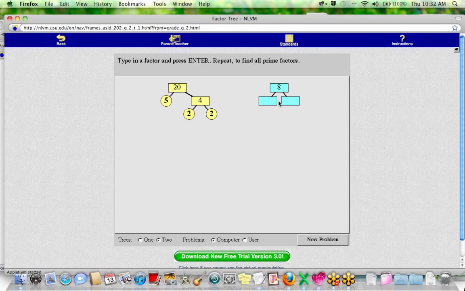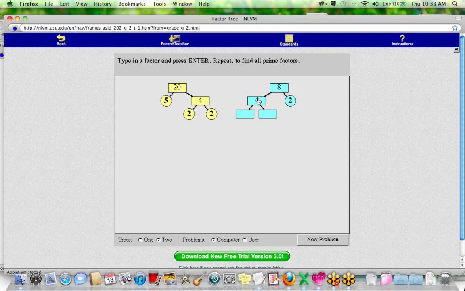Okay, factors of 8. Christian, what 2 numbers can I multiply together to get 8? I'll give you a hint. Here's one of them. 4. 4 times 2. Perfect. Notice it stopped right here because I'm done with the number 2.